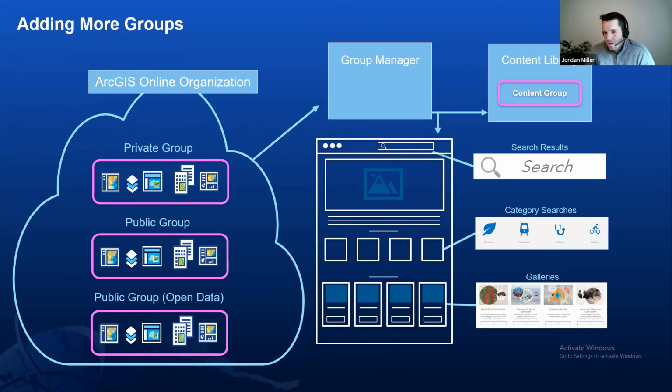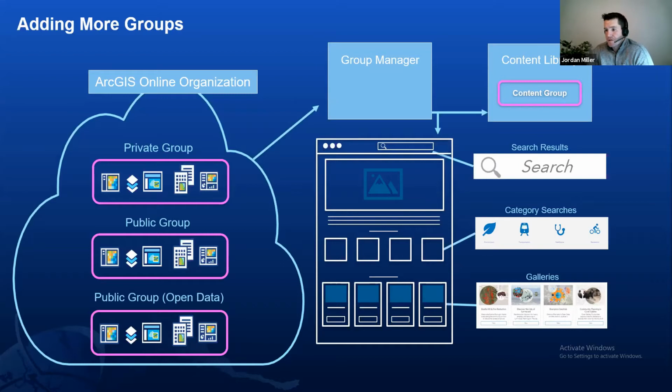So much like how we organize content in groups within our ArcGIS Online organization, we're going to think about using Hub, even Hub Basic and Hub Premium, in the same fashion. So let's just say we have some right-of-way data and we have that organized in a group that's specifically intended to be out for field data collection.